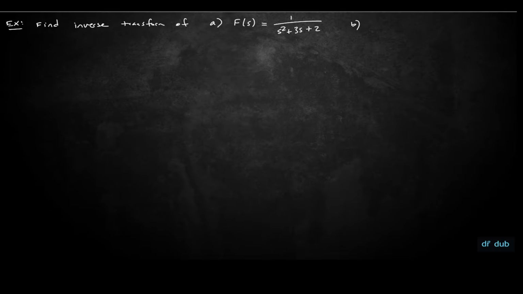And the second one, capital F of s equals 9s plus 2 over s squared plus 19.